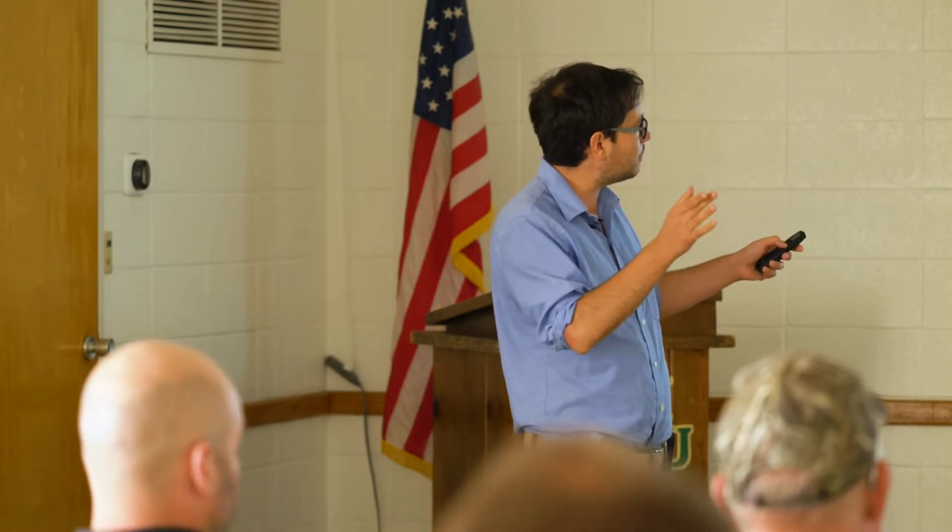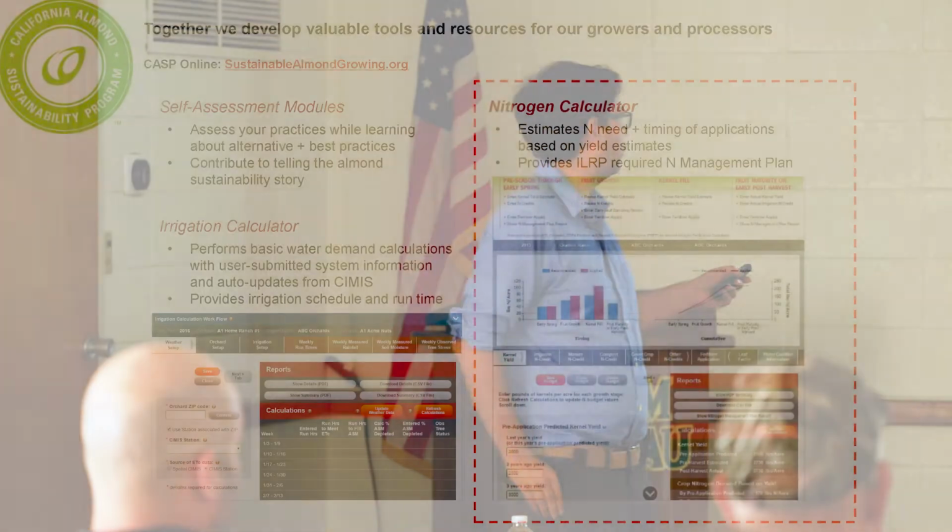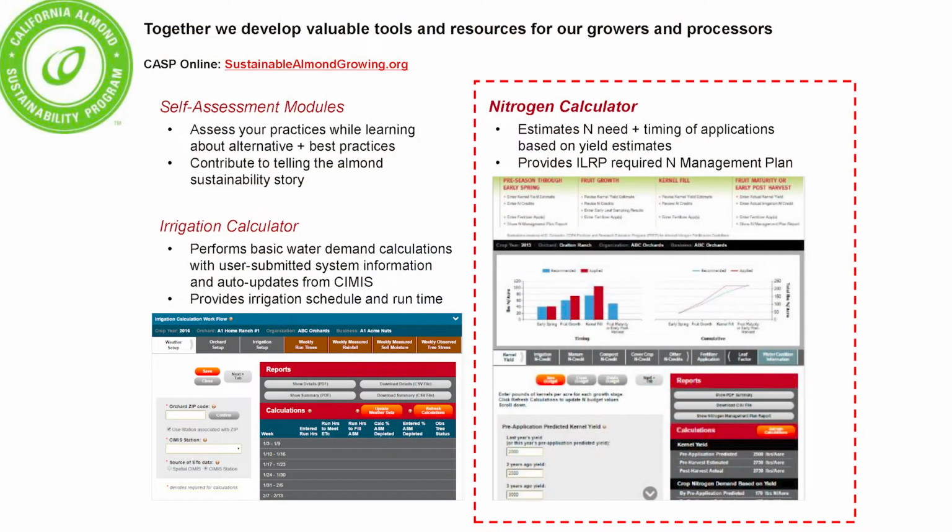While keeping in mind these 4 R's, at the Almond Board, in our California Almond Sustainability Program, we have invested a lot of time to simplify this and to put together the results of our research projects in what we call the Nitrogen Budget Calculator.